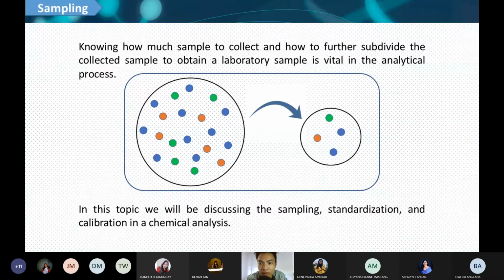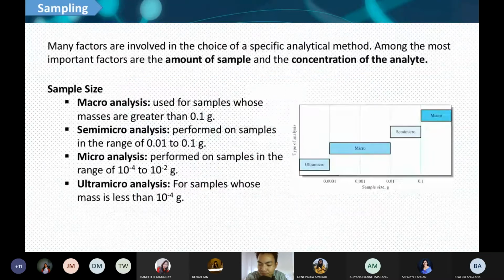There are many factors that have to be considered when choosing analytical methods. Depending on the amount of your sample and the concentration of your analyte, there is a corresponding analytical method for that. If you consider sample size, there are four types of analysis that can be done.